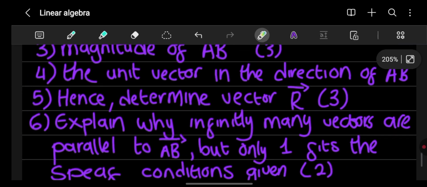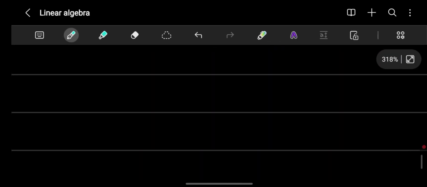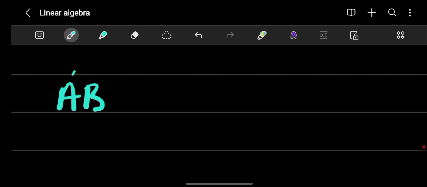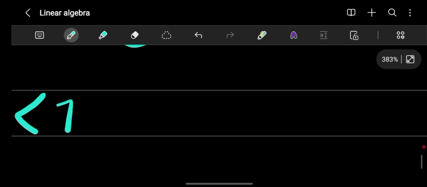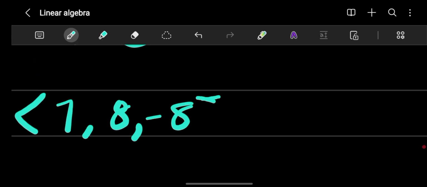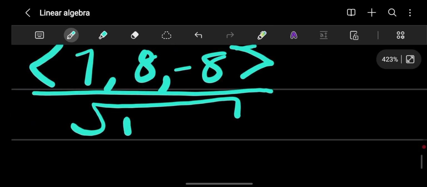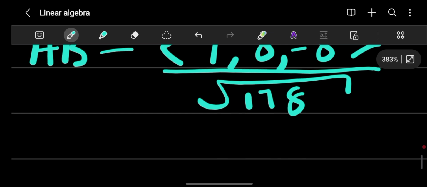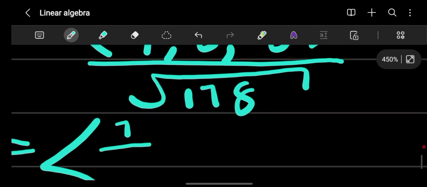Now we have to find the unit vector in the direction of AB. AB's unit vector would be equal to, AB was 7, 8, and negative 8, and then the magnitude was square root of 178.